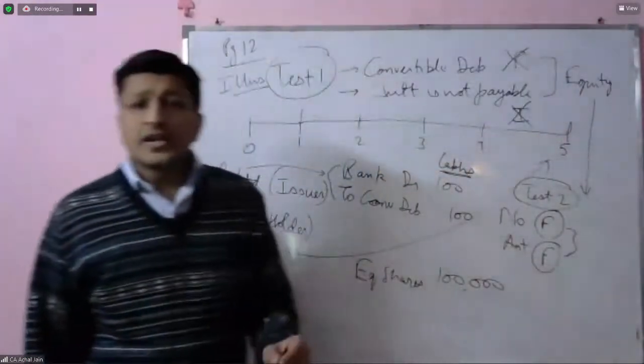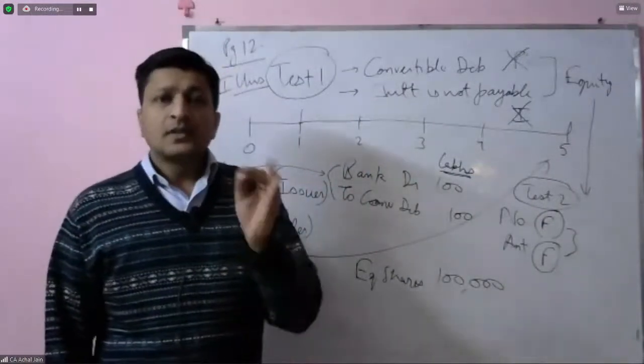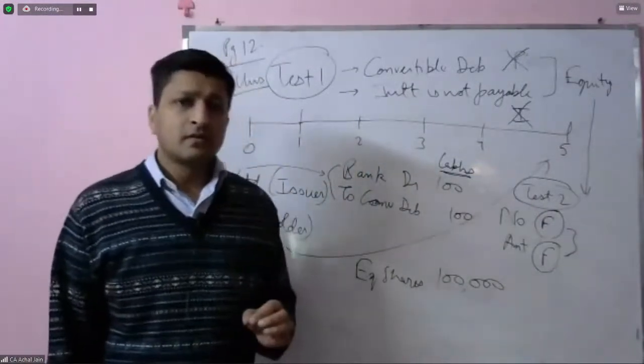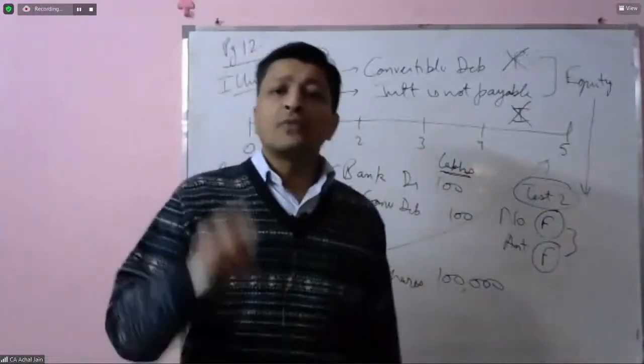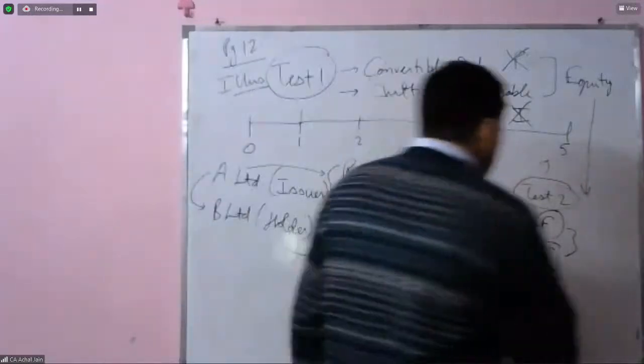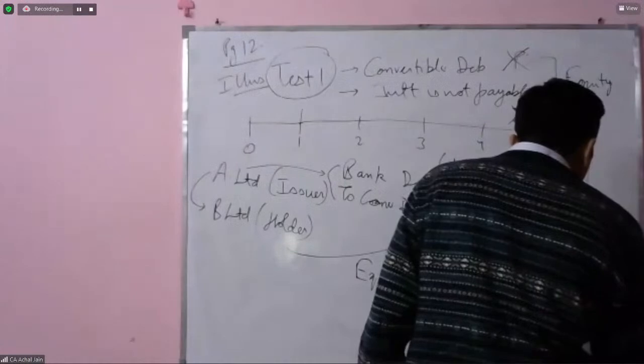When the number of shares and the amount both are fixed, then such a concept or test is called fixed for fixed.